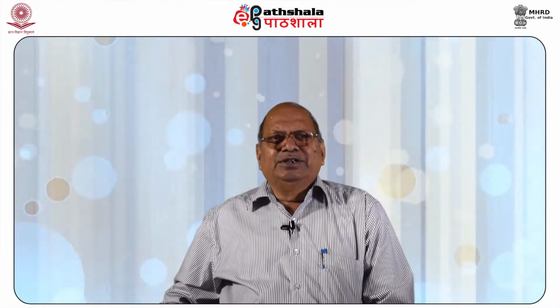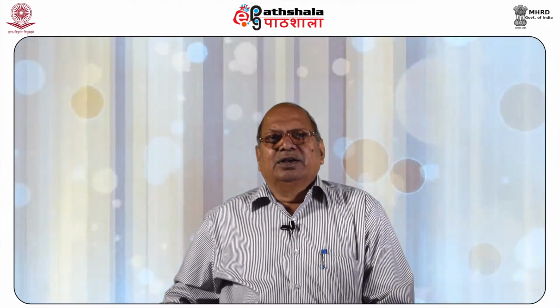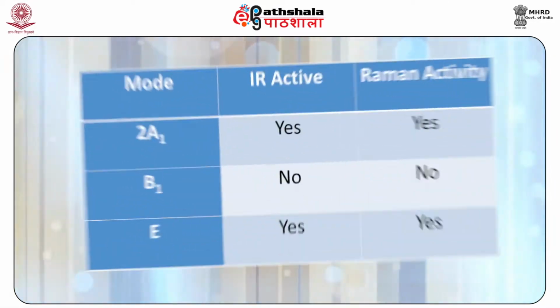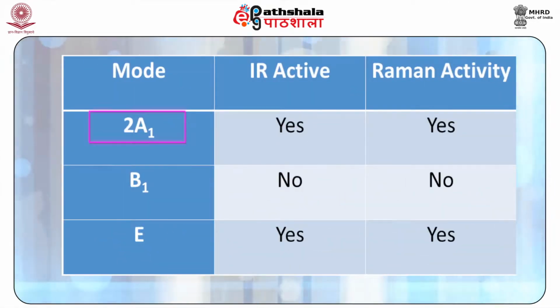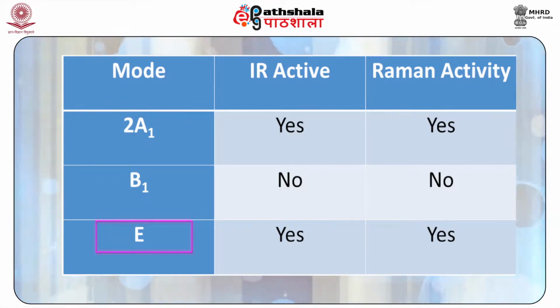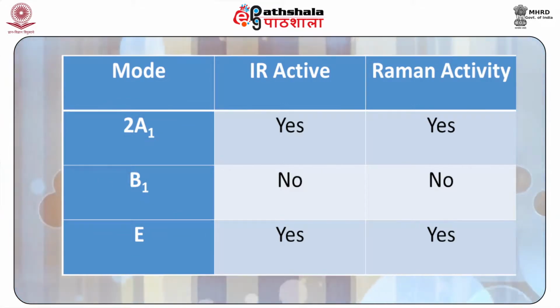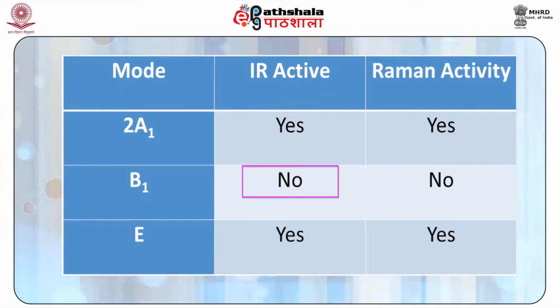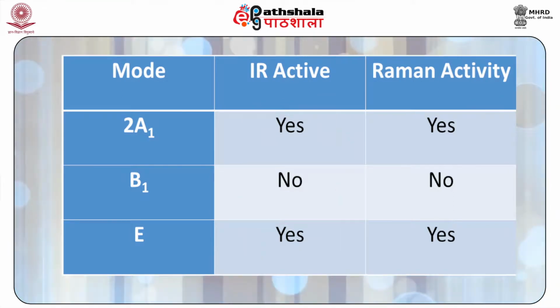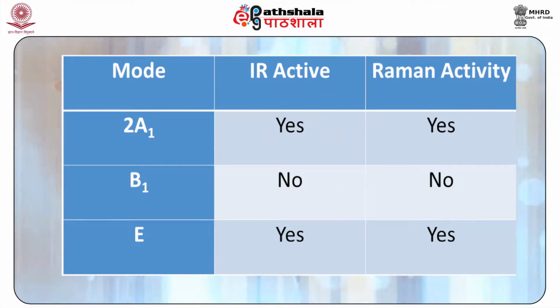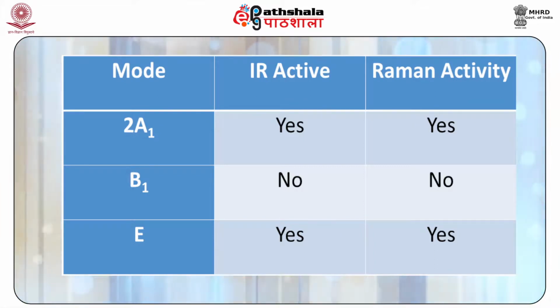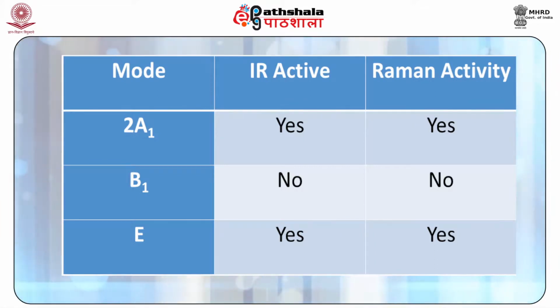After doing this, let us check the IR and Raman activities of these modes, given in the table: 2A1, B1 and E, with IR activity yes, no, yes. That is, A1 is IR active and E is also IR active, and B1 is not.